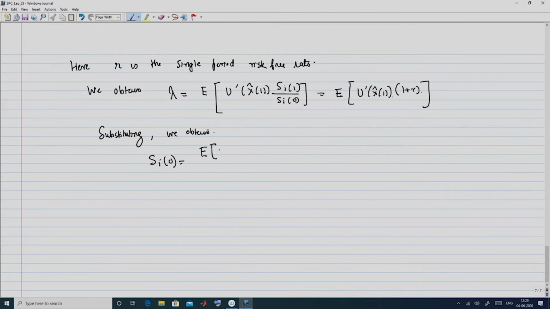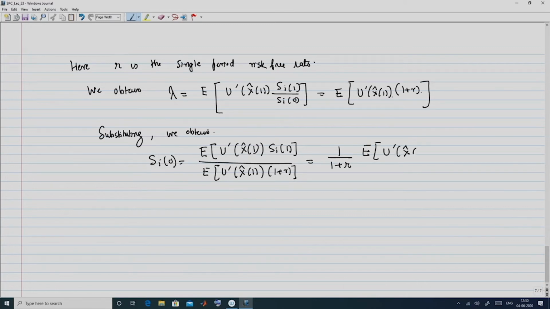So, this becomes expected value of u prime of x hat of 1 into Si of 1 over E of u prime of x hat of 1 into 1 plus r, and this is 1 over 1 plus r into E of u prime of x hat of 1 into Si of 1.